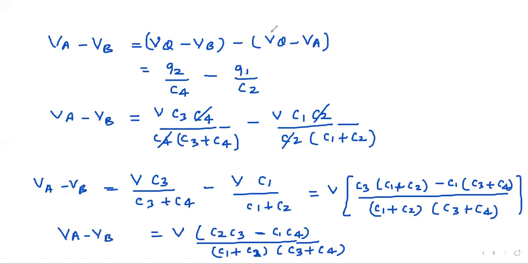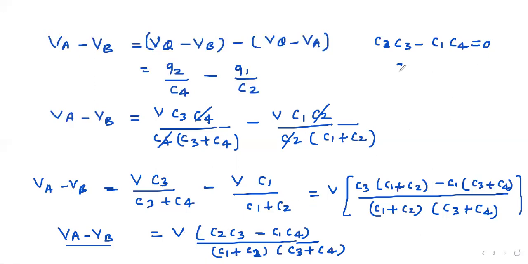Now, the next part of the question says, what is the condition for this potential difference to be zero? If we equate this potential to zero, then the numerator C2 C3 minus C1 C4 will be zero, because the other terms can't be zero.